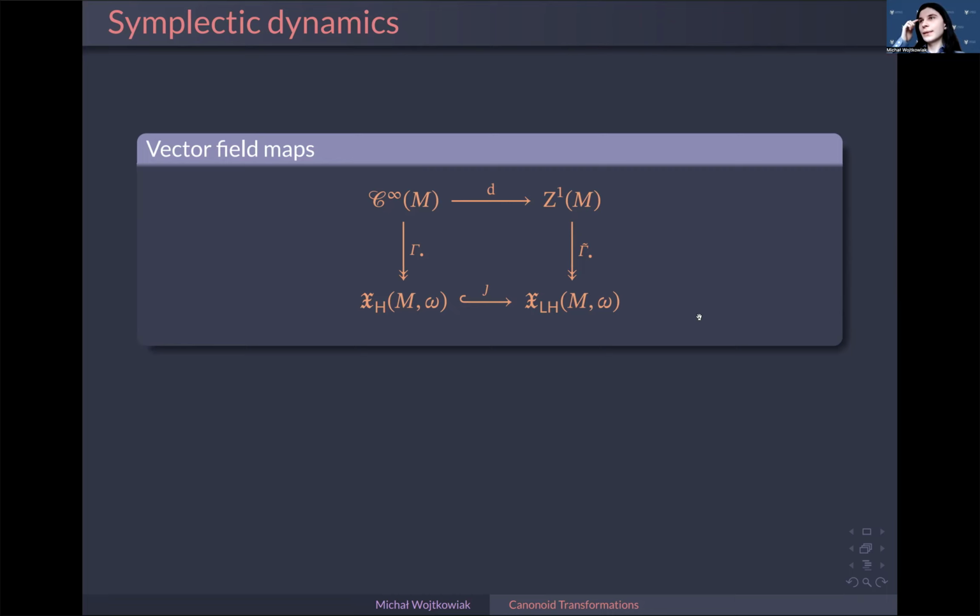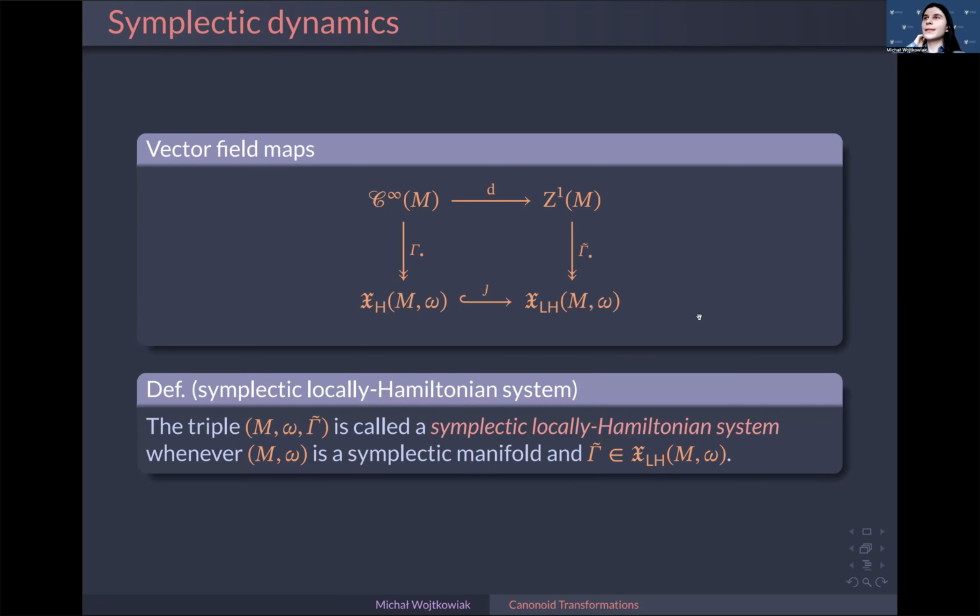Since we will finally be interested in building some tensorial relationships, and usually working with vector fields is easier than working with functions, we will generalize Hamiltonian systems to locally Hamiltonian systems.